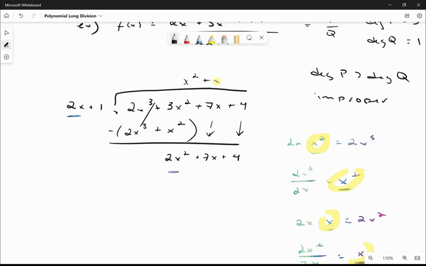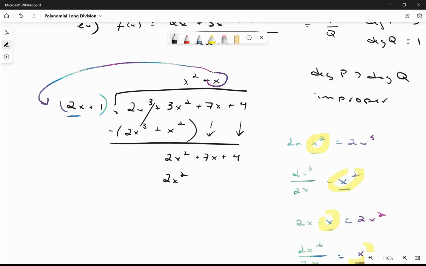So plus x. And then we take this new term in the quotient and multiply straight through our divisor. 2x times x gives you 2x squared, as it should.